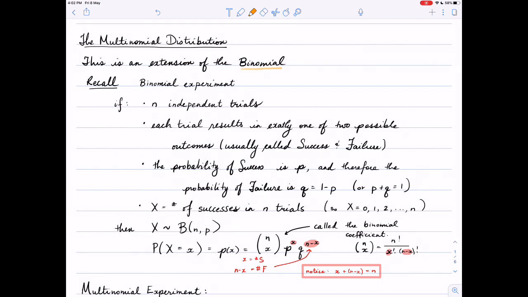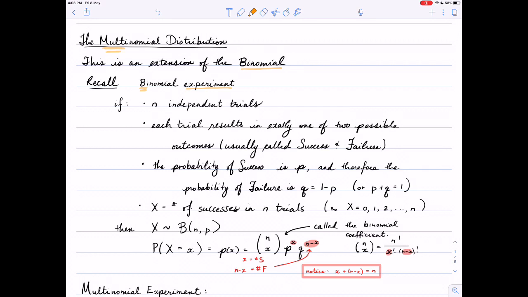So if it's an extension of the binomial, let's refresh our memories on the context of the binomial. And then we'll see how that can be extended to more than two, right? Binomial two, multinomial many.